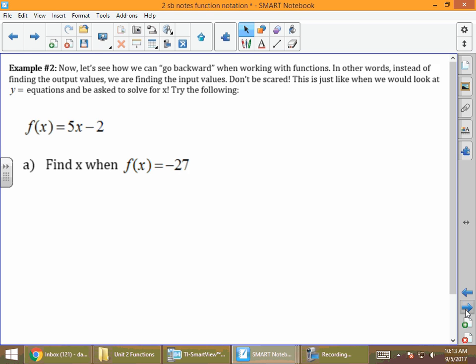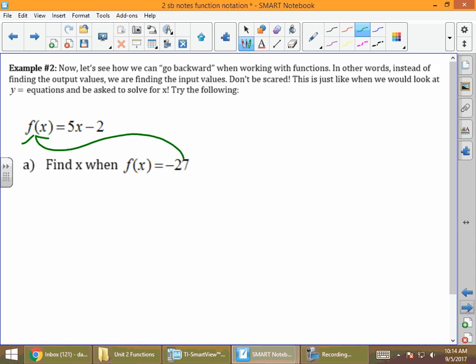So our function, f of x equals 5x minus 2, it says find x when f of x equals negative 27. So now where we're substituting is we're going to take this value of negative 27 and we're going to put it back into our equation where we see f of x. So we need to really be careful when we're reading a practice paper or a skills quiz or even a test.